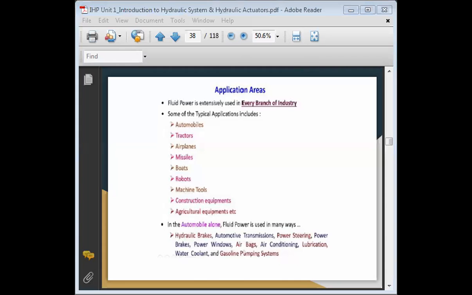Now we'll go on. I'm going to talk about specific applications. I have listed applications like the aeroplane landing gear, but how is fluid power used in that landing gear? That we will see in detail also.